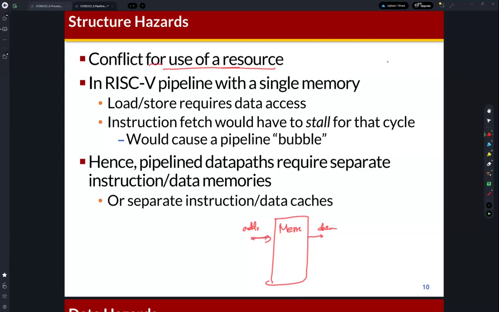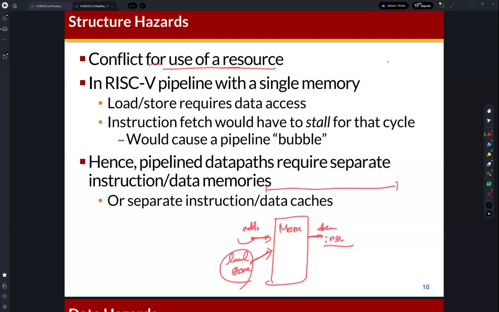So for every instruction, in order to read an instruction from the memory, we need to give the address for the instruction. Then we can get the instruction. Then how about the load or store instruction? Load or store instructions need to access the memory for data accesses, right? But what's the problem?